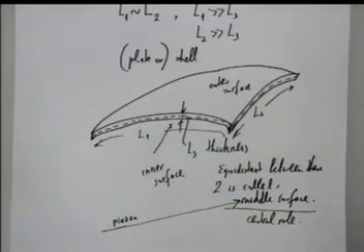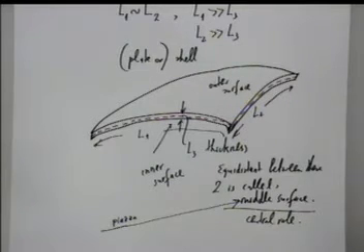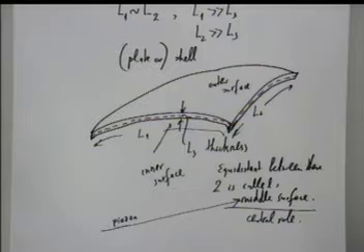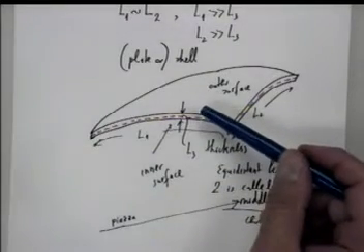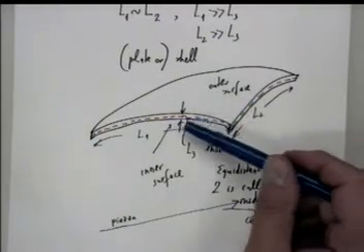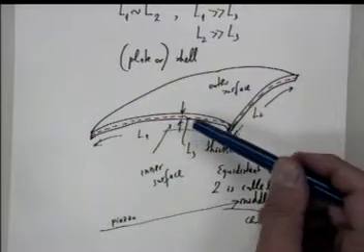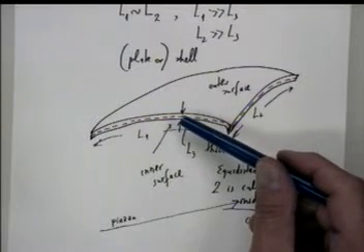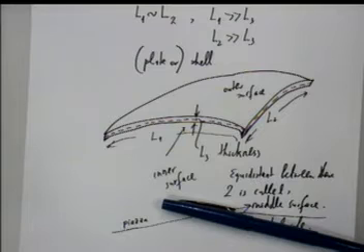Now, in the first case, one dimension is much greater than the other two dimensions. Now, if one dimension is much less than the other two dimensions, that is called thickness. Then we talk about a shell if the middle surface is not straight, and we talk about a plate if the middle surface is straight.